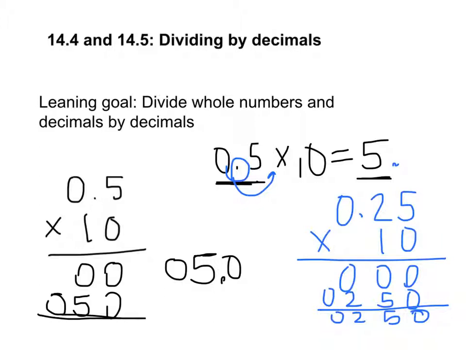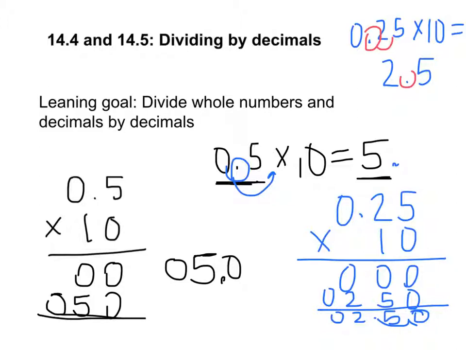How many numbers do I need after the decimal point, Nadia? 2. So 1, 2. 0.25 times 10 equals 2.5. Did the decimal point move over? Yes. One spot to the right? Let's see. Here it was. And in our answer, it's over here, huh?